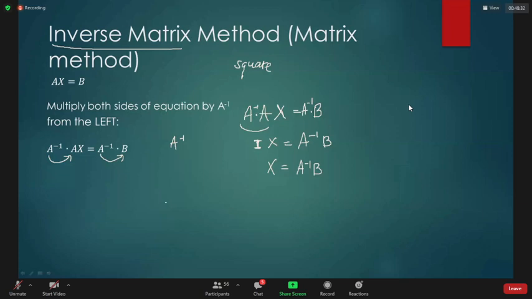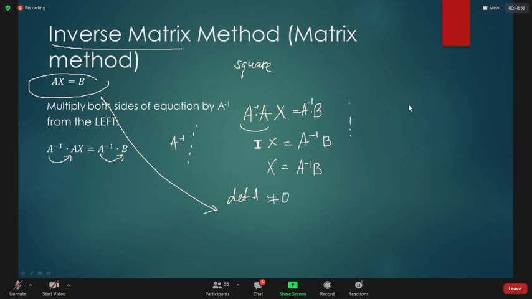The good news is that you don't have to write this all the time. So what you do is you have the system AX equals B. You check the determinant. If the determinant is 0, you know that the inverse will not exist. So yes, we still need the determinant to be not equal to 0, because only then the inverse matrix exists.